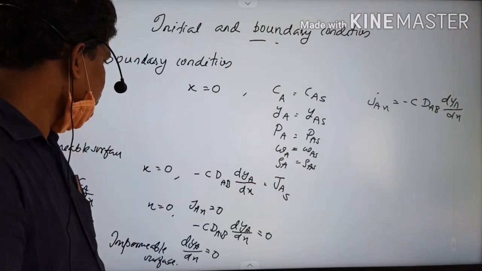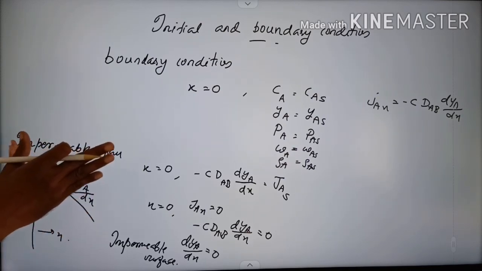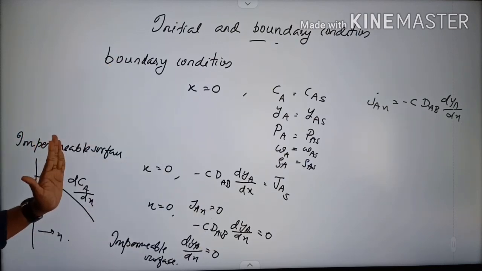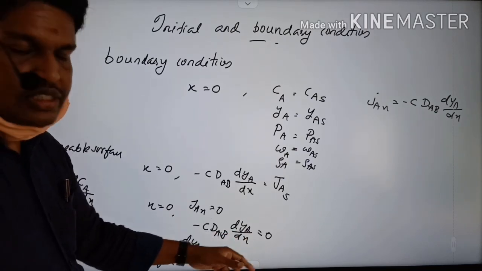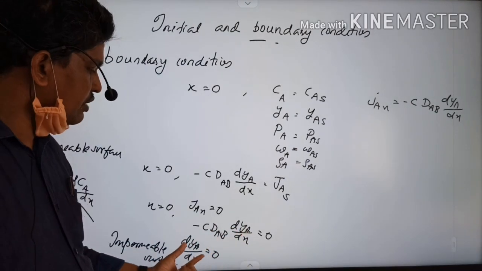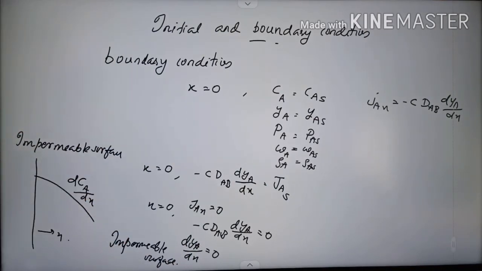Or for a permeable surface, suppose the surface at x equal to 0 is impermeable to mass transfer. In that condition the concentration gradient dCA by dx is 0. You can apply this. These are the boundary conditions.